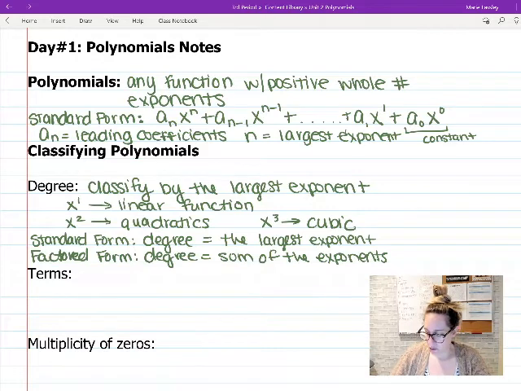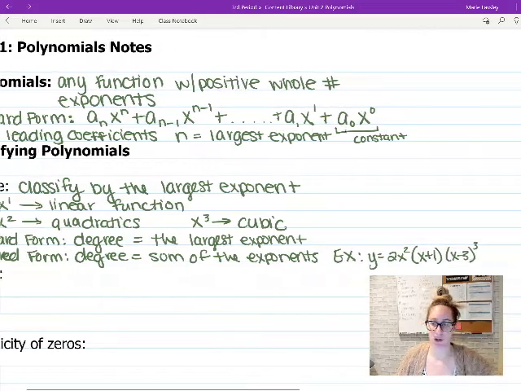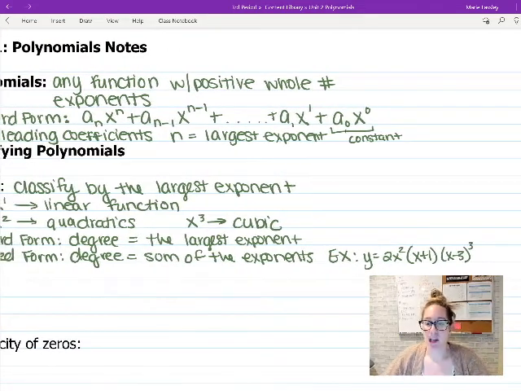All right, so for example, I'll just go off to the side here. If you were given, say, y equals 2x squared times (x plus 1) times (x minus 3) cubed. So this is factored form, right? It's no longer in that big standard form, it's been factored.